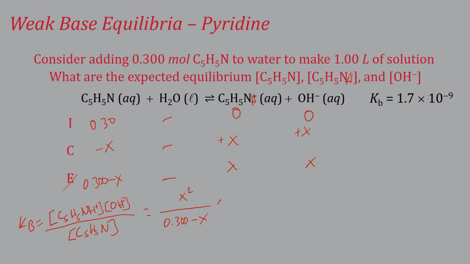But given the small nature of this Kb, we can make that approximation and say that this is pretty close to just x squared over 0.3, and that equals 1.7 times 10 to the negative 9, which makes the solution for x pretty easy.